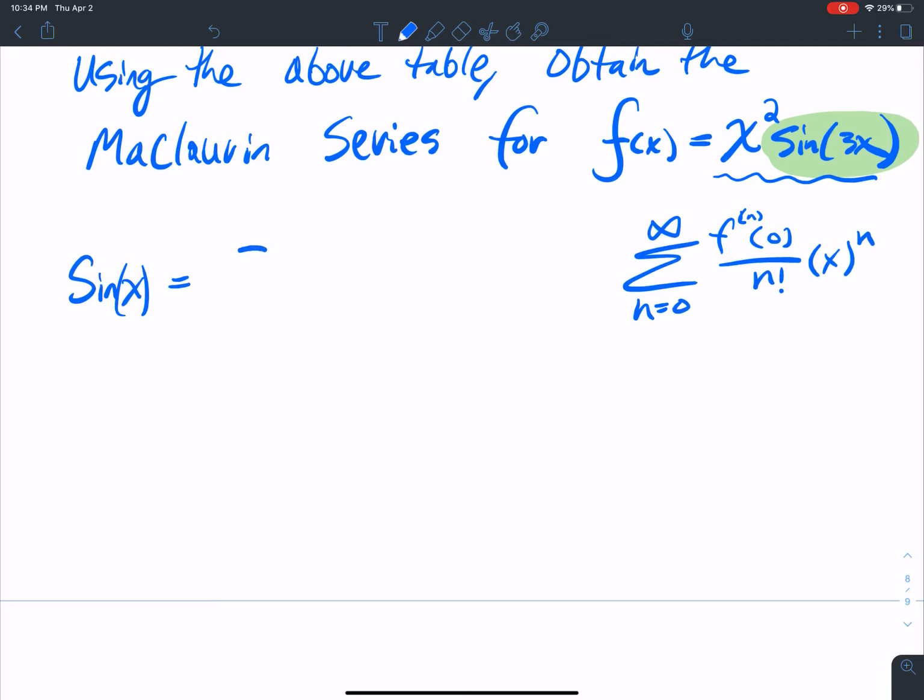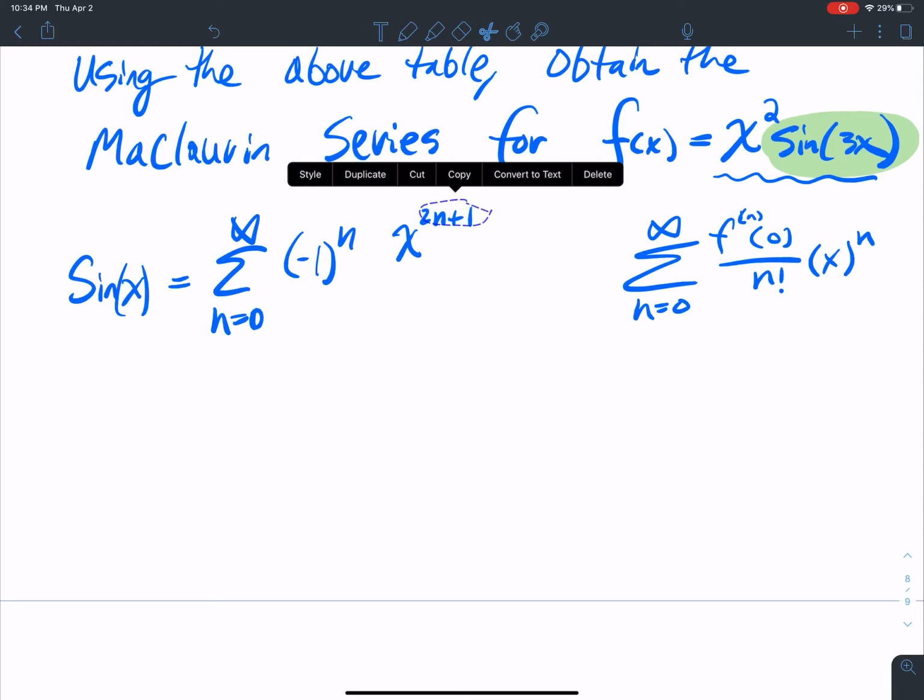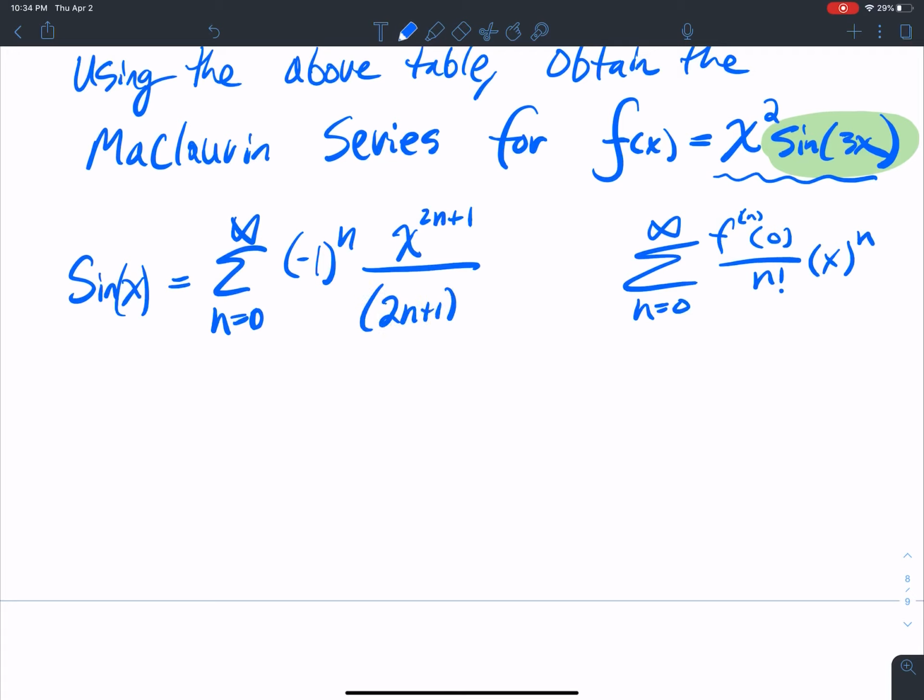Sine of x is the sum from n equals 0 to infinity of negative 1 to the n, x to the 2n plus 1 over 2n plus 1 factorial. Okay, what do I want? I don't just want sine x. I want sine 3x and then multiply by x squared.